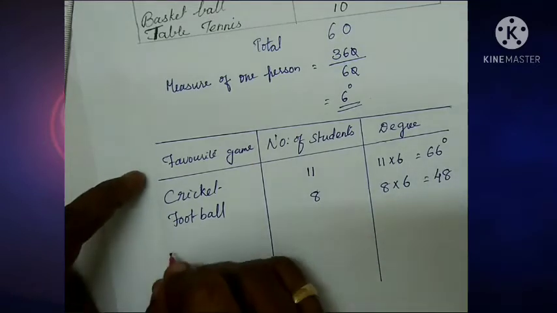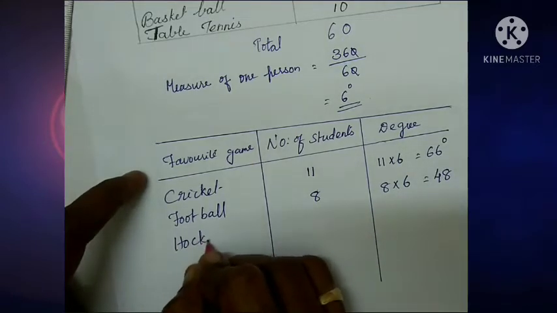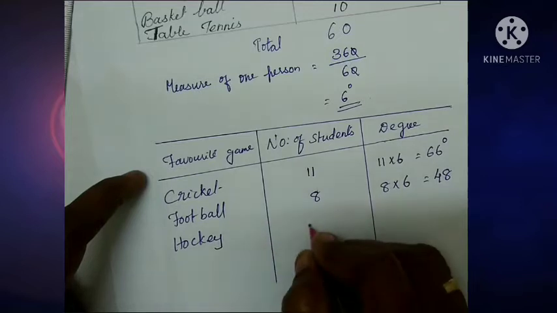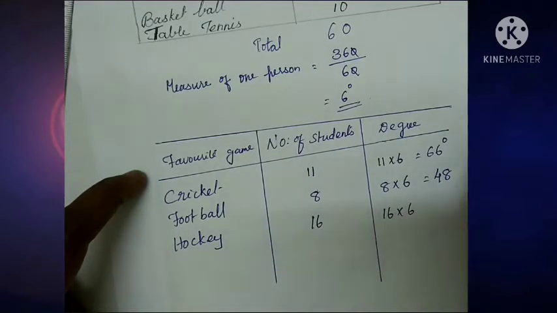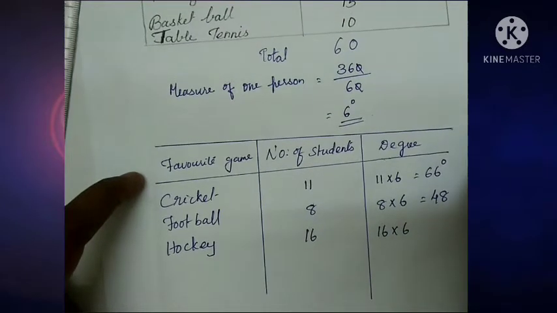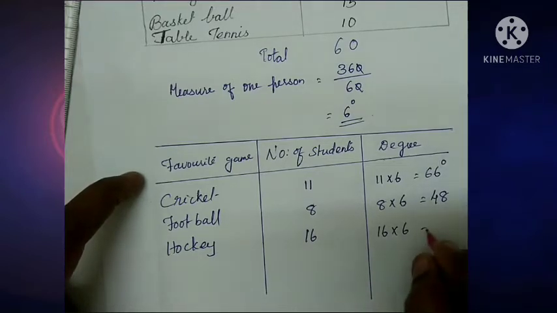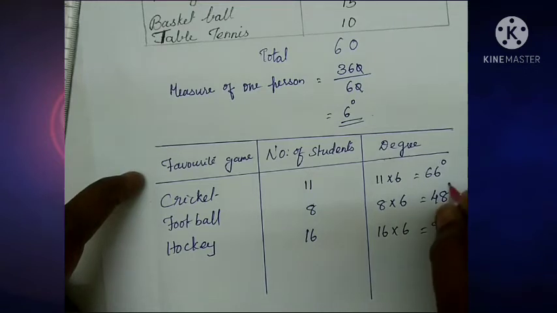8 into 6, 48. And then hockey. Hockey, how many students are there? 16. So 16 into 6. What is the measurement? 6 6s are 36. 3 balance. 1 6 is 6. 6 plus 3, 9. 96 degree.